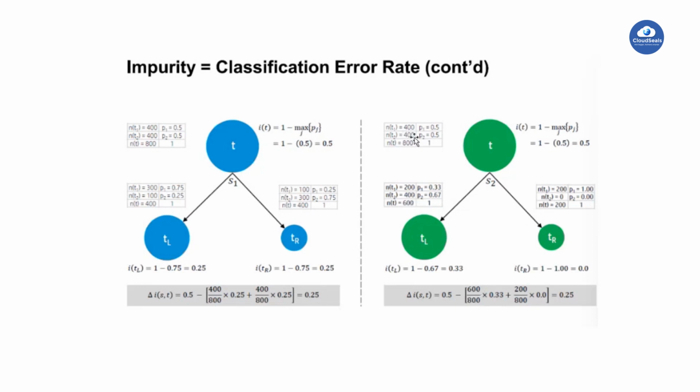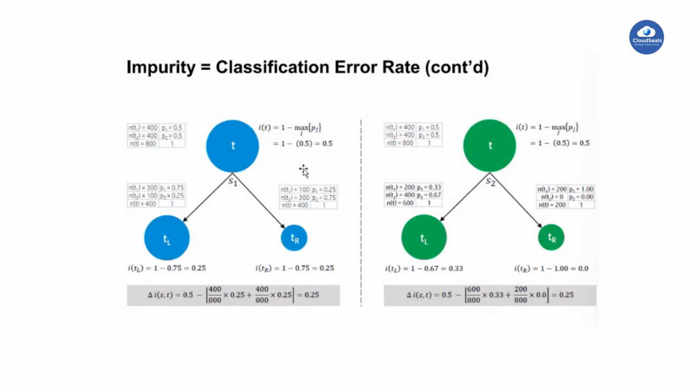Total outcomes 800. Out of the 800, in this part we have only 600. So 600 by 800 into what is the classification error rate? 0.33. Here 200 by 800 into the classification error rate, 0. By simplifying this, we get 0.25.